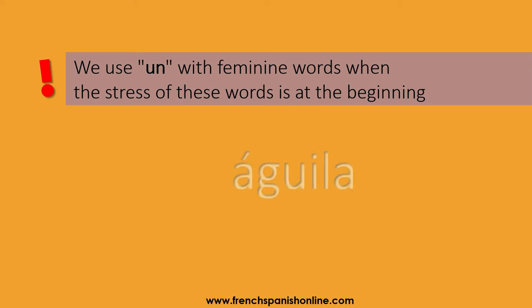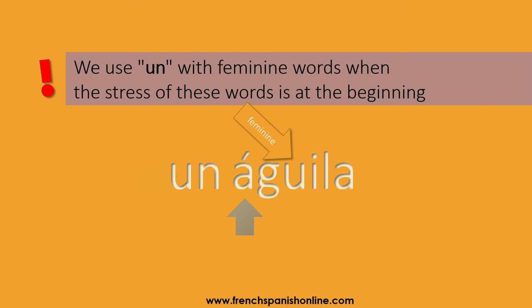As an example, we're going to use this word águila, which means in English eagle, the animal. And as you can see here, it is a feminine word, and we've got the stress just on the first syllable, águila. For this reason, we use the masculine indefinite article.